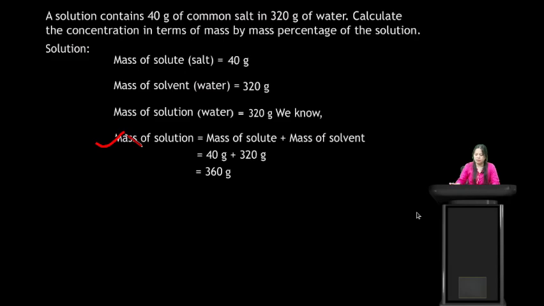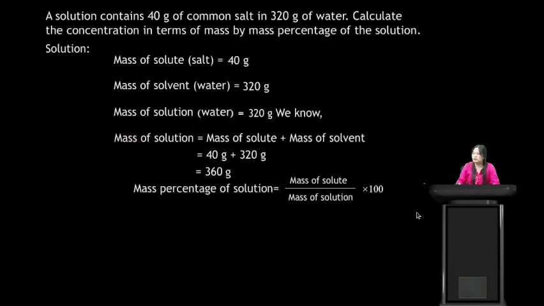So here we have mass of solution is equal to mass of solute divided by mass of solution into 100.